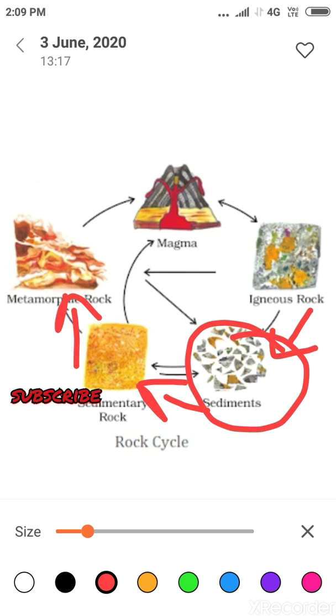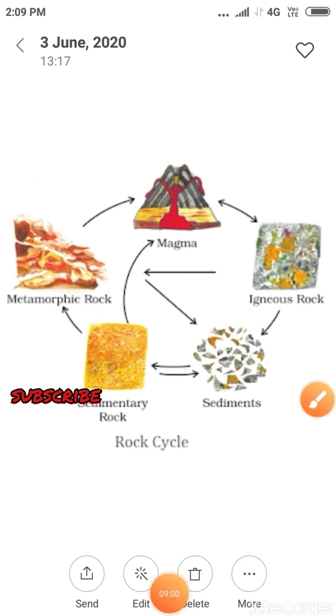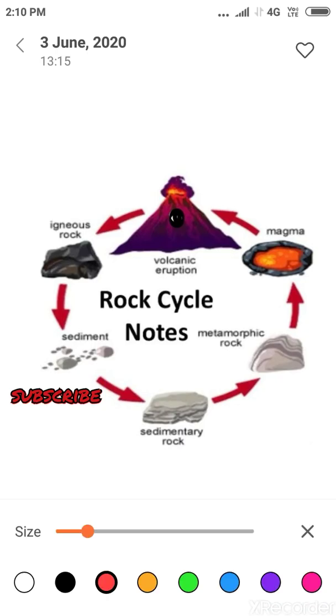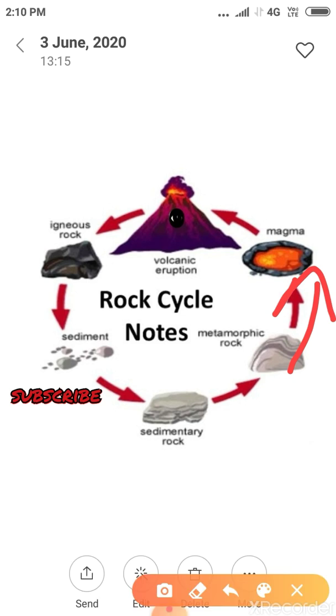The metamorphic rocks, which are still under great heat and pressure, melt down to form molten magma. And again this molten magma can cool down and solidify into igneous rock. This process takes hundreds and thousands of years. I think this is clear to all.